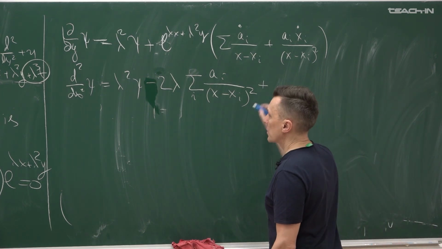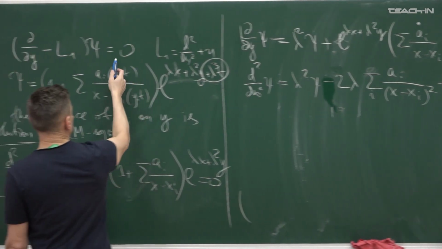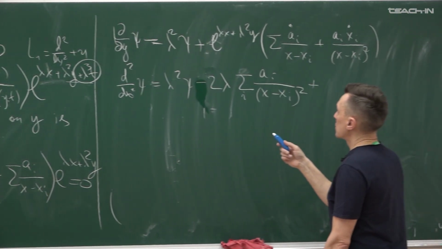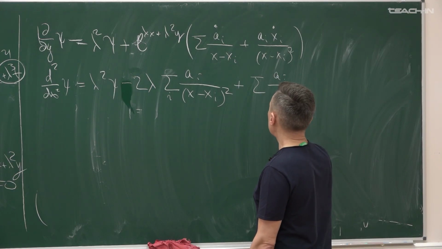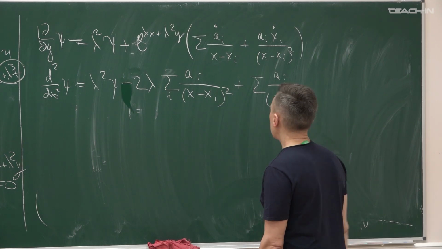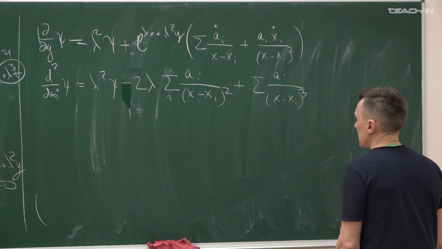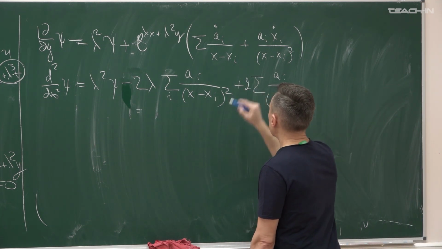And plus, so now I have to differentiate twice this expression, and it will be the sum of ai x minus xi, like this, and also 2.